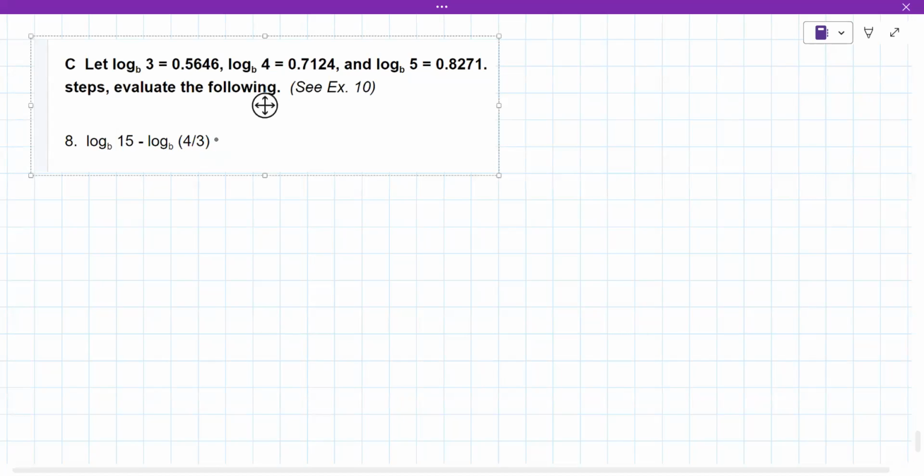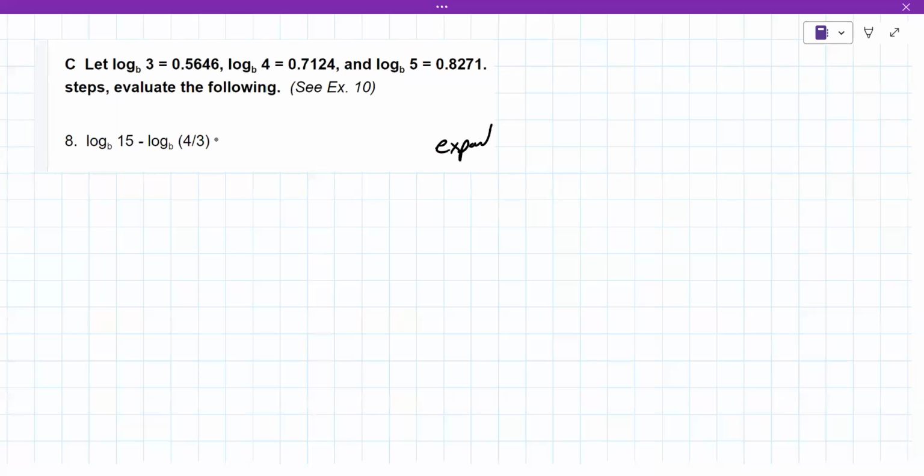So the first thing we are going to do is expand what's written here: log base b of 15 minus log base b of 4 divided by 3. Now, thank goodness we don't have to say the law anymore. We just have to do the steps, which I like.